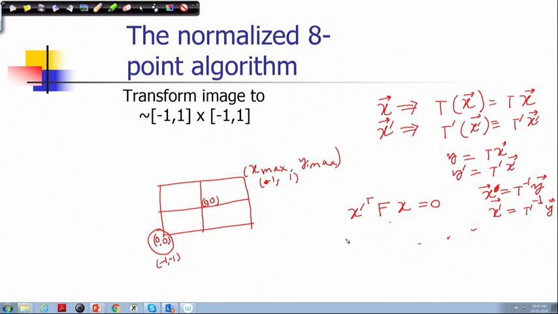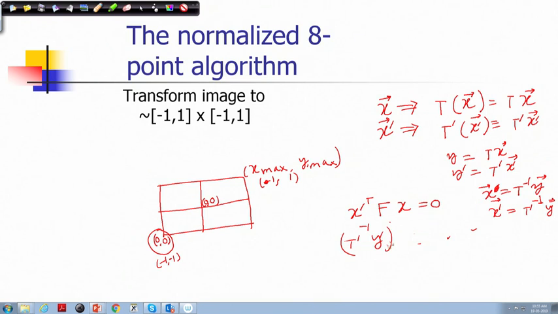Now x prime is written as T prime inverse y prime, transpose f, and x is T inverse y, that equals 0. Performing the matrix transposition operation, y prime transpose T prime minus 1 transpose, then f, then T inverse y equals 0.